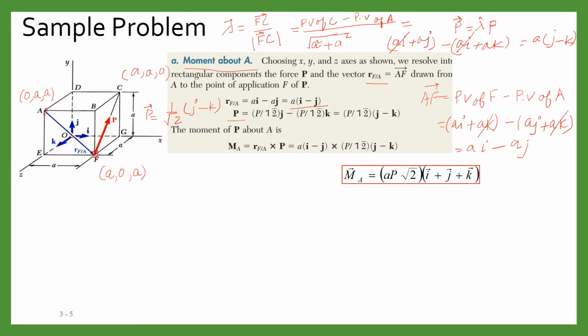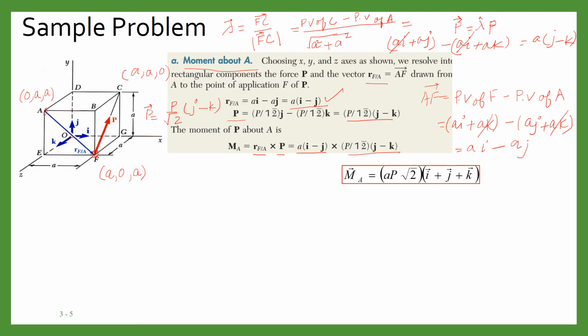Okay, now when you need to find the moment, then simply you take the cross product r_FA into P. r_FA is this and P is this.